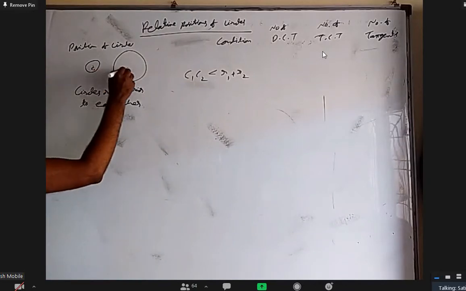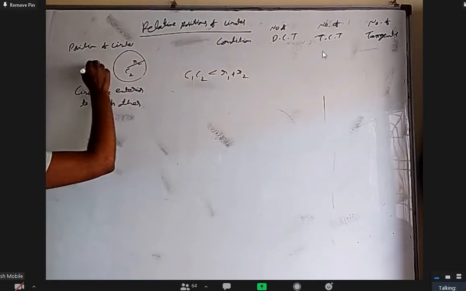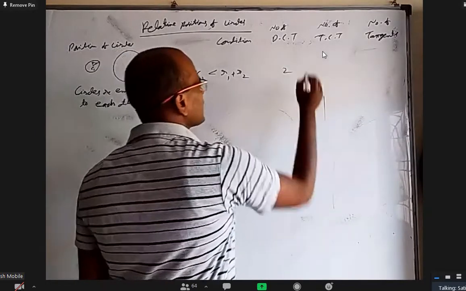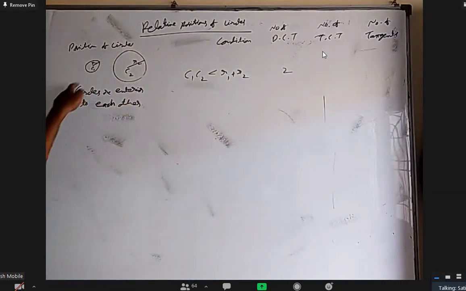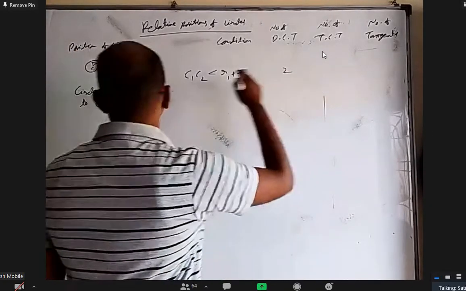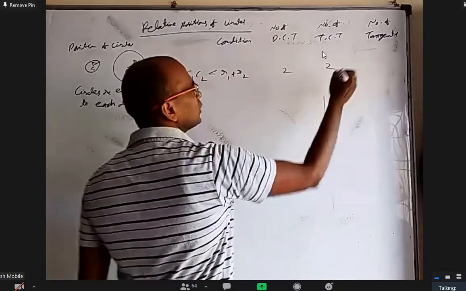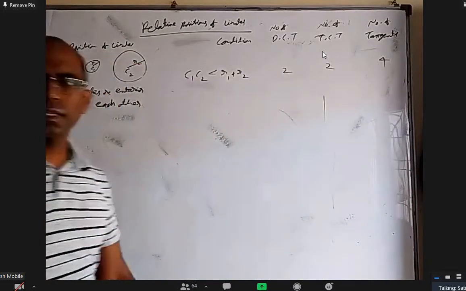This is R1, this is R2. Number of direct common tangents will be 2, one like this, one like this. And then the rest: total 4 common tangents, 2 direct and 2 transverse.